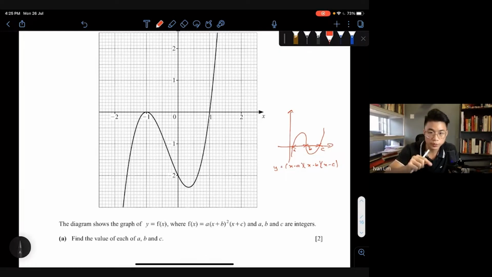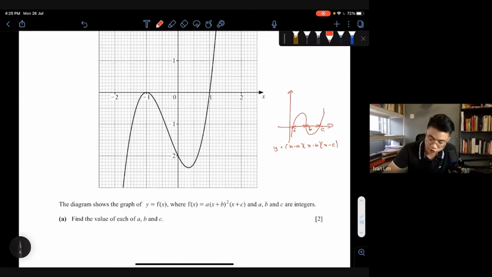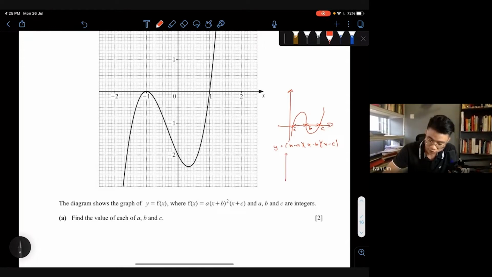The second graph, what we are learning is over here: x plus b squared, then x plus c. The square actually means what? Like that. Depends also, sometimes the equal root might be on the other side.